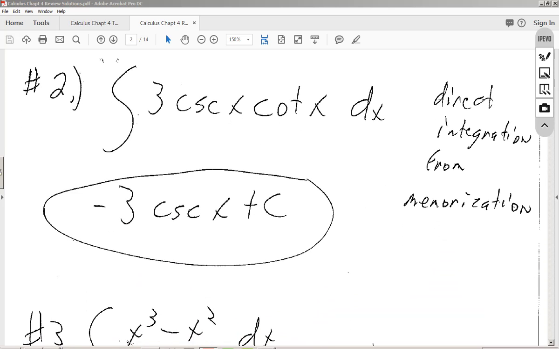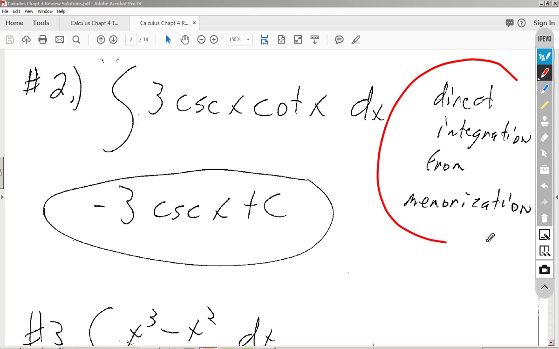It just wants us to go ahead and evaluate this integral. So if you remember correctly, this is just a direct integration. We know that the derivative of the cosecant is the cosecant of x, cotangent of x. So going backwards with it, it's just a direct integral.